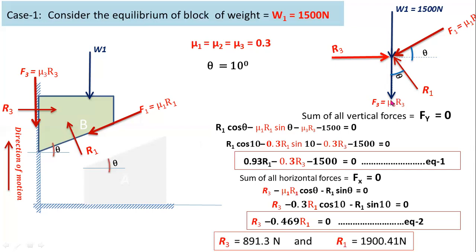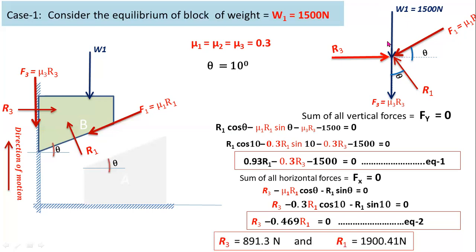This reaction force makes an angle theta with respect to the vertical axis, so R1 cos theta is the vertical component. This frictional force F1 makes an angle theta with respect to horizontal, so mu1 R1 sin theta is another vertical force. And mu3 R3 is the vertical downward force. W1 is another vertical force.